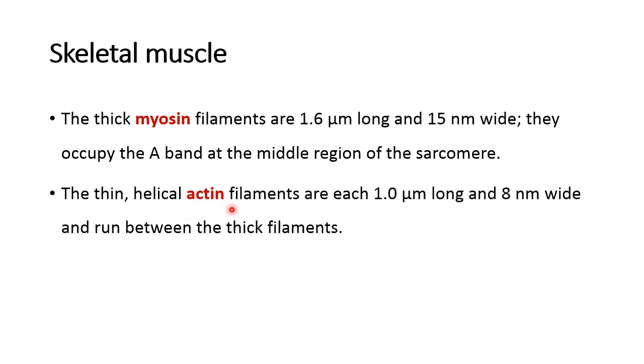The thin helical actin filaments: so the actin filaments are thin and helical. Each one is 1 micrometer long and 8 nanometer wide, and these actin filaments run between the thick filaments, that means between the myosin filaments. By thick filaments we mean myosin filaments. Thin are the actin filaments.